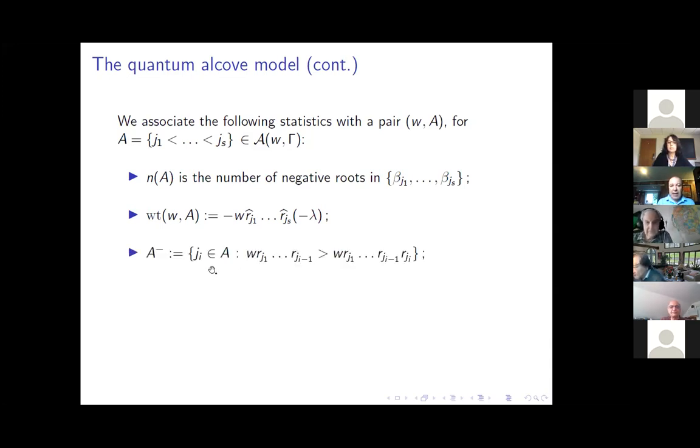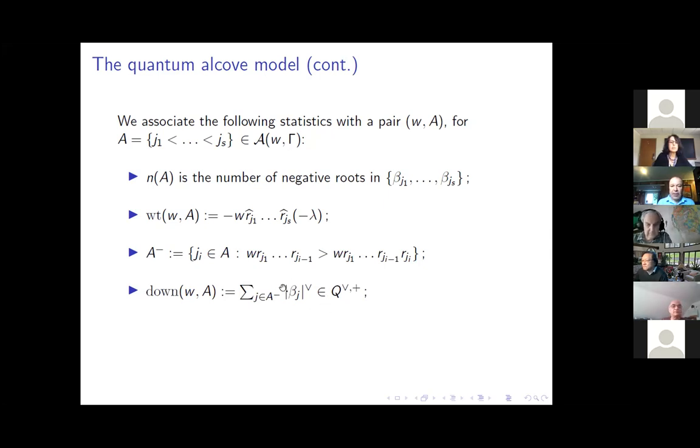A minus are those positions in the admissible subset for which we have down steps in the quantum Bruhat graph, because we saw that there are up steps and down steps which can come in any order. If you just focus on the down steps, then you select those positions in A minus. The statistic down of W, A is just summing the coroots corresponding to the down steps.